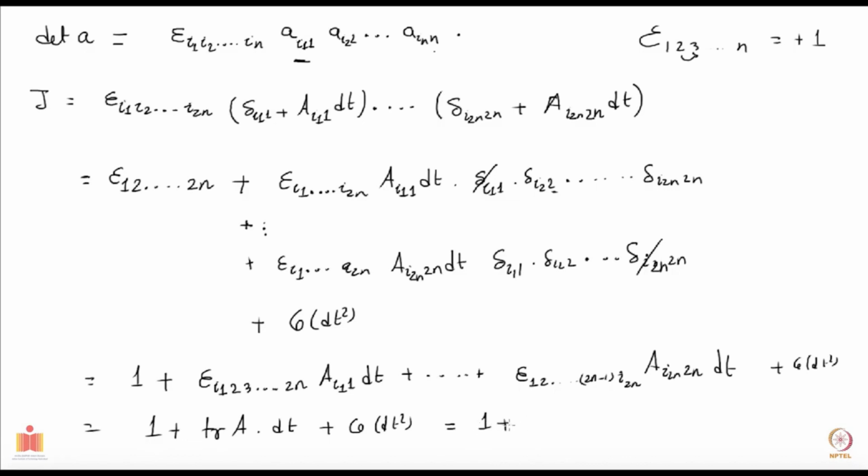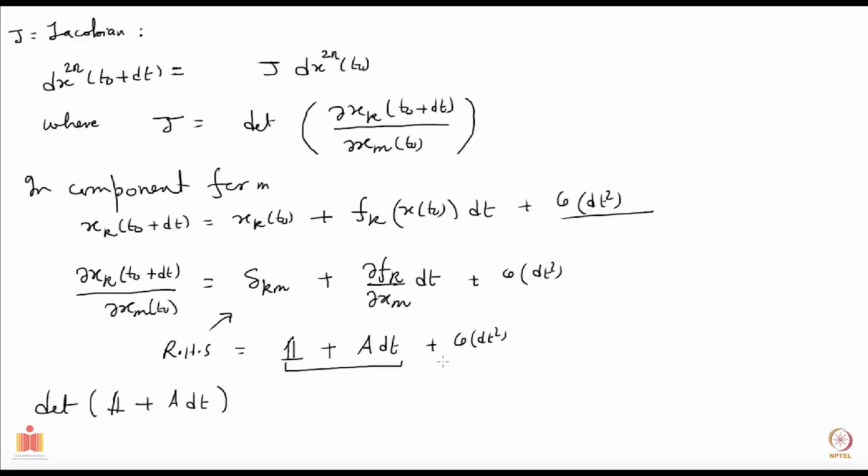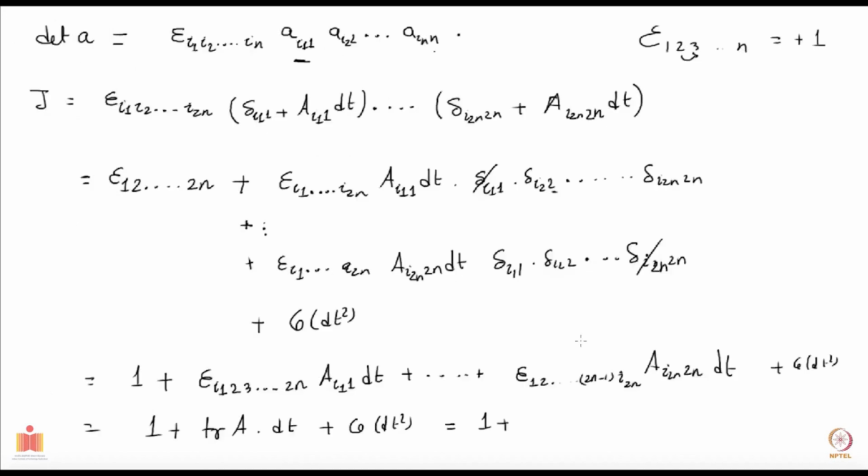Now this is just 1 plus, let me write down. Now you remember your capital A was this matrix. Now we are looking at the trace of this. So you have delta fk over delta xk, and you have summation over k, which is just the divergence of f, right? So I can write it as divergence of f.